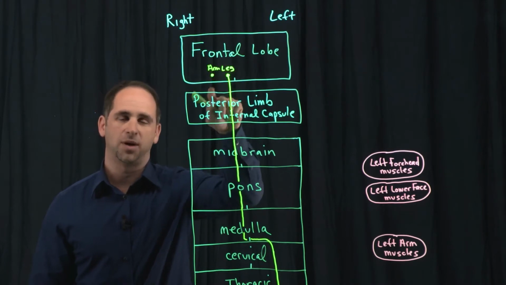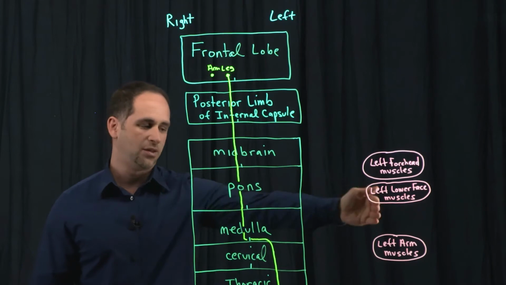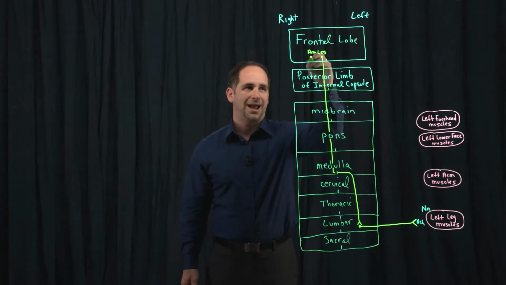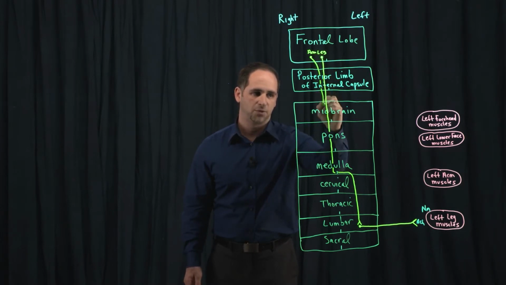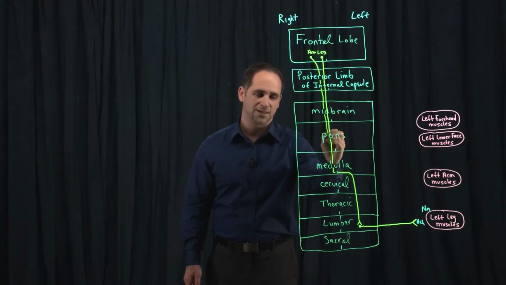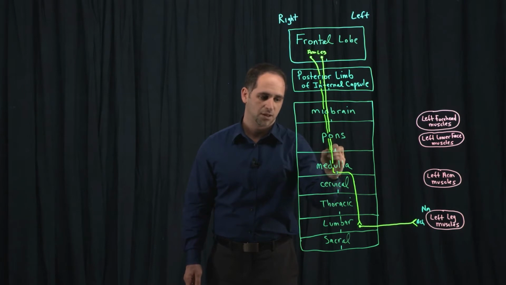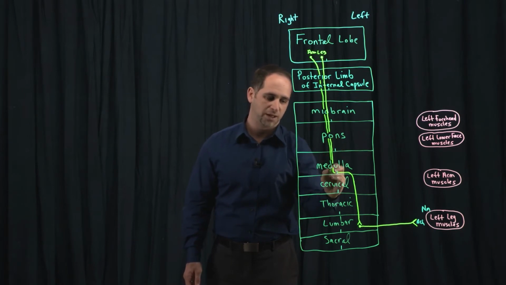So this is the cell body that's going to be controlling the left arm muscle. And the upper motor neuron, just like before, is going to descend down through the posterior limb of the internal capsule, through the midbrain crus cerebri, through the basis pontis, through the medullary pyramid.